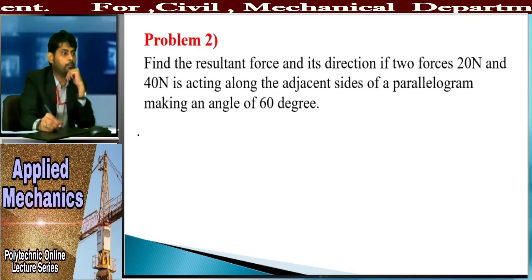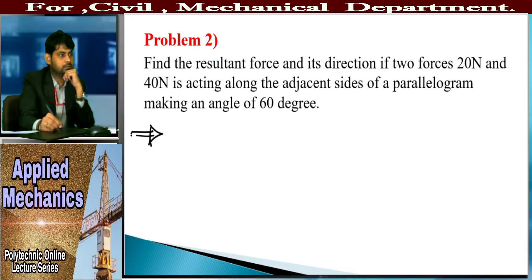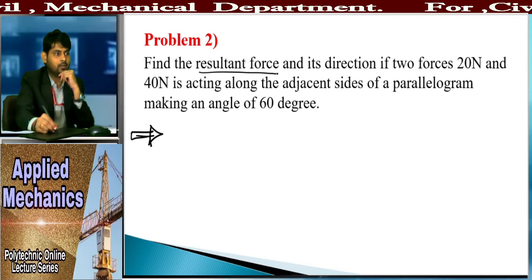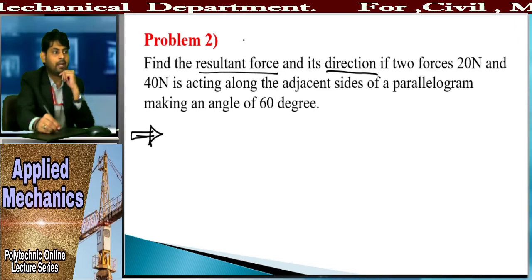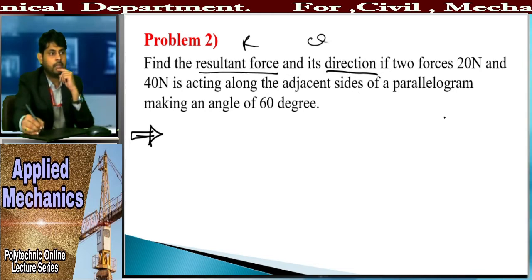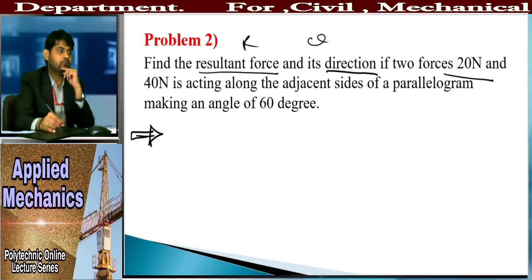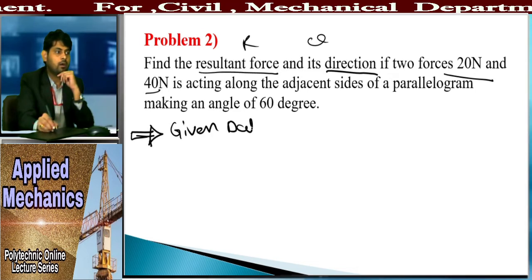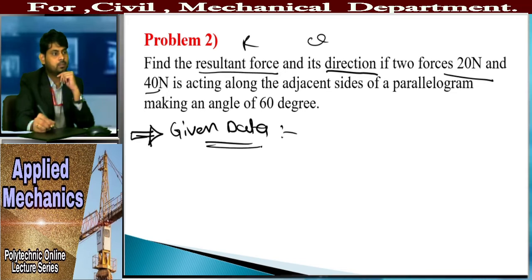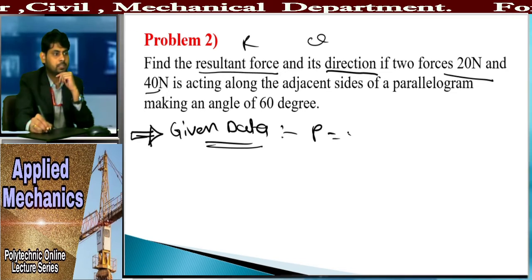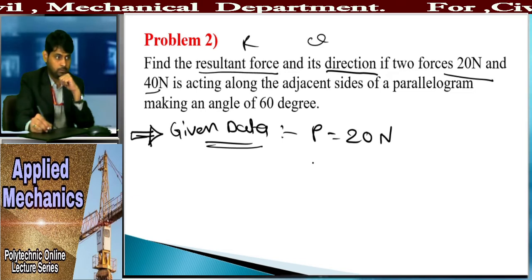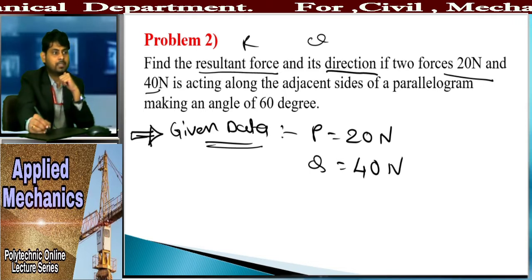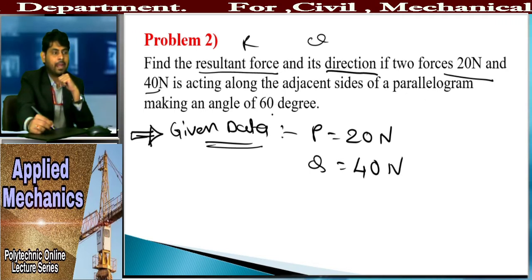So just see what the problem says to us. Find resultant of force and its direction. So we have to find the resultant and the direction also. So here R and theta we have to find out. If two forces, 20 Newton and 40 Newton, so two forces are given. The given data: force 1 is 20 Newton, and force 2 is 40 Newton, acting along the adjacent sides of a parallelogram, making an angle of 60 degree.